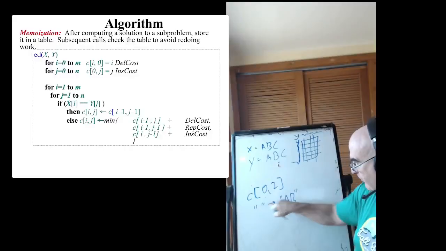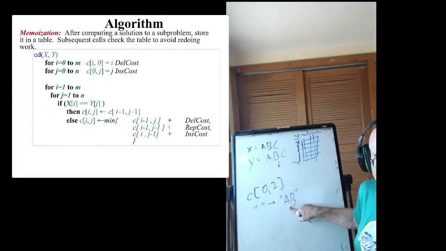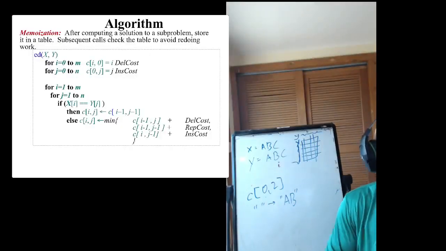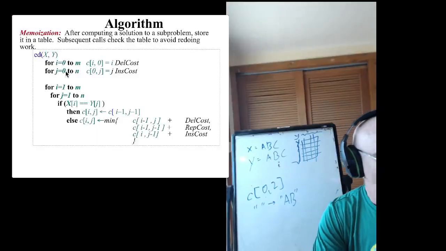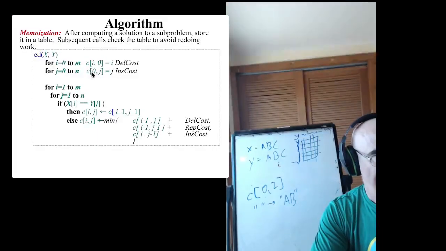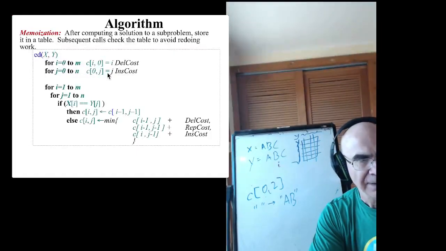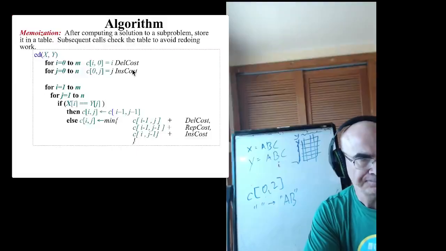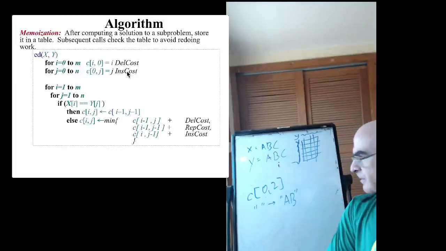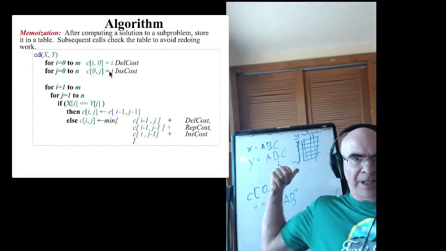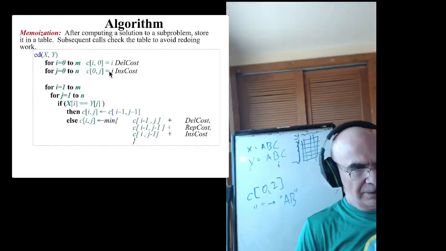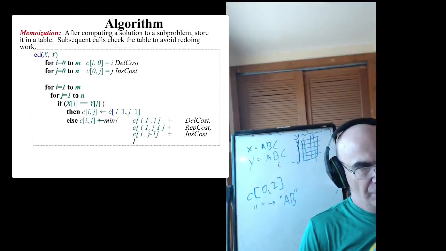How can I get from empty to a sequence of 2 characters? Perform 2 insertions. So for j equals 0 to n, C of 0, comma j, the prefix of the first j characters, just pay j times the cost of inserting 1 character. That is, j in our case will be 0, 1, 2, 3.